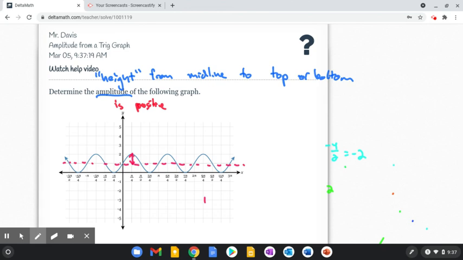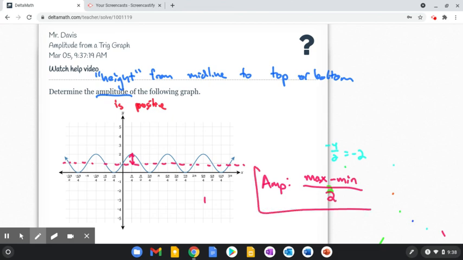The mathematical way of finding this amplitude is very similar to when we found the midline. It's just going to be your max minus your min over 2. So the midline was your maximum plus your min over 2.